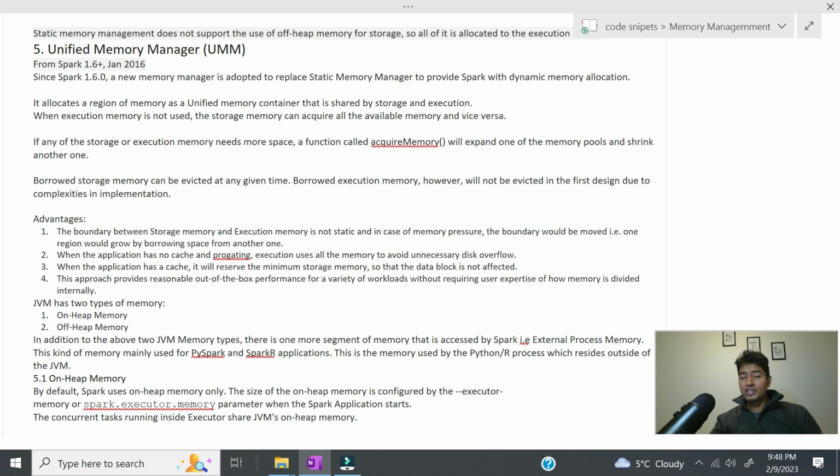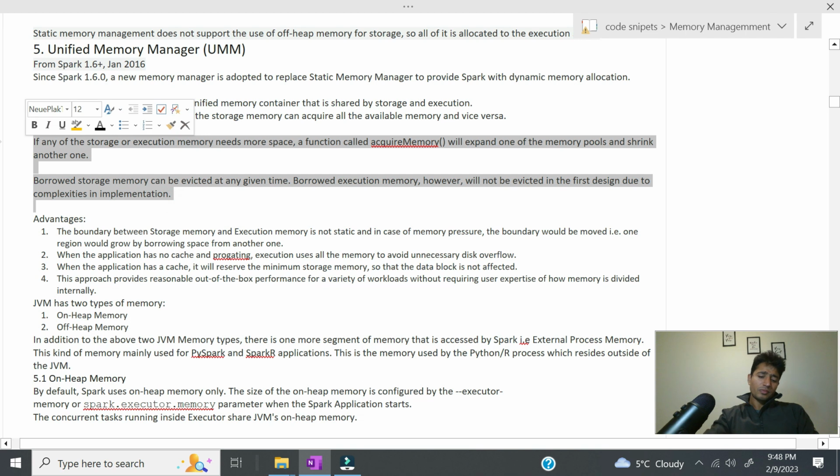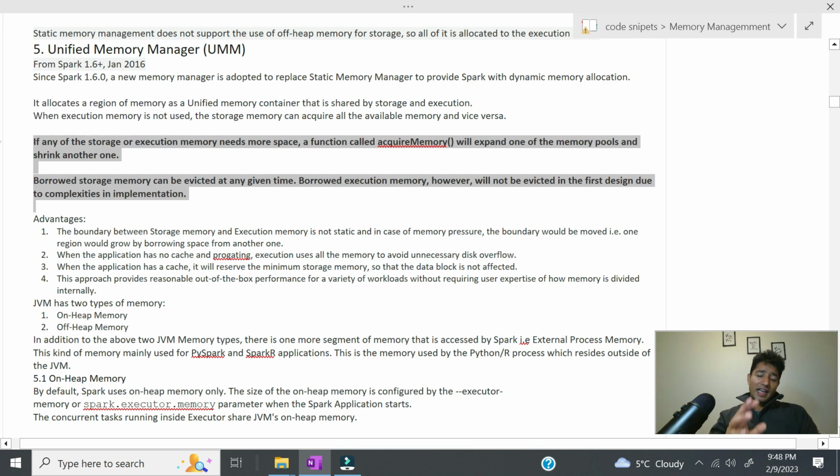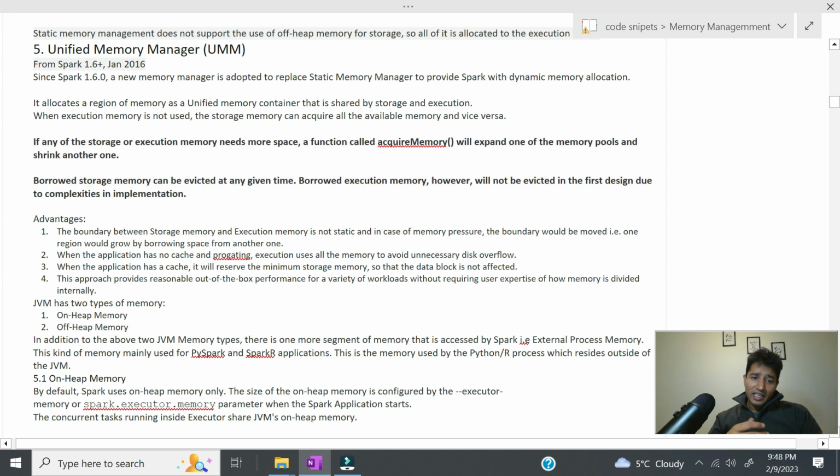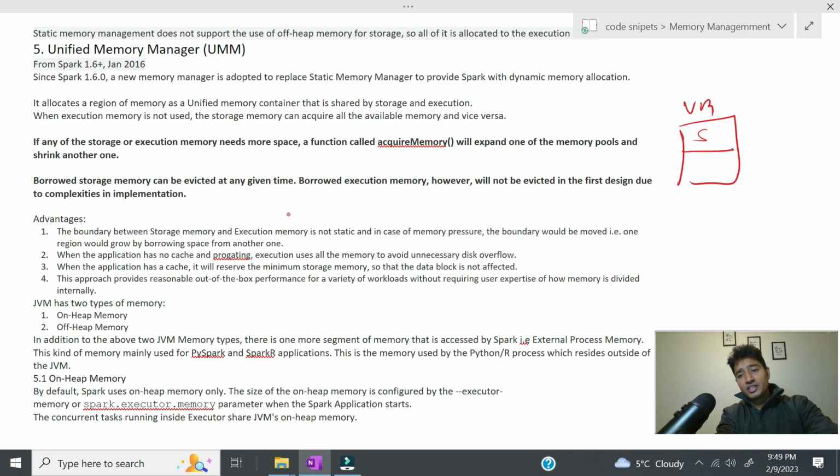Now, this is important, and I'll explain it again. You have two memories, execution and storage. What they are saying is that if you want more storage memory and no execution is taking place, you can have it. This is your unified memory, and it is divided into storage and execution.